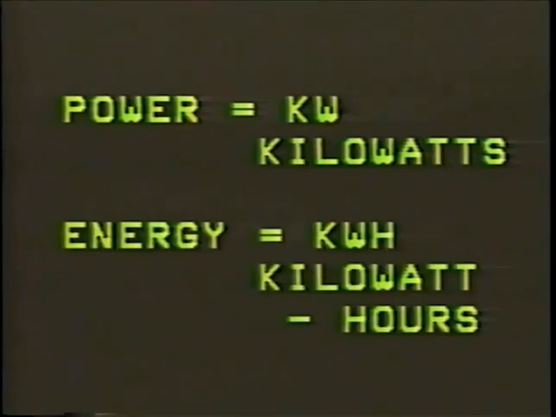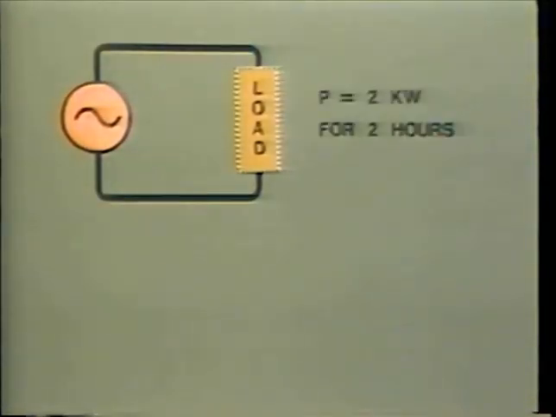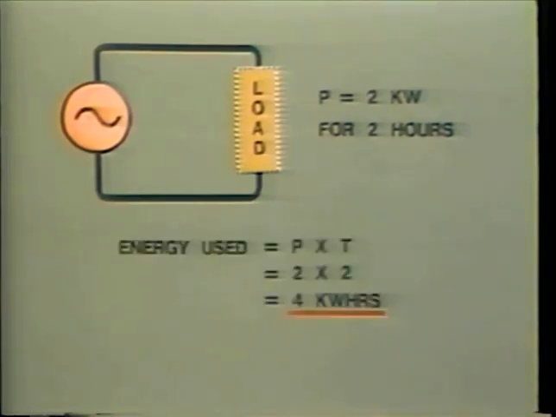While on this subject of power, let us talk for a moment about the difference between power and energy. Electric power is measured in kilowatts, and energy is measured in kilowatt hours. For example, if a load consumes 2 kilowatts for 2 hours, then the energy used by the load is 4 kilowatt hours.